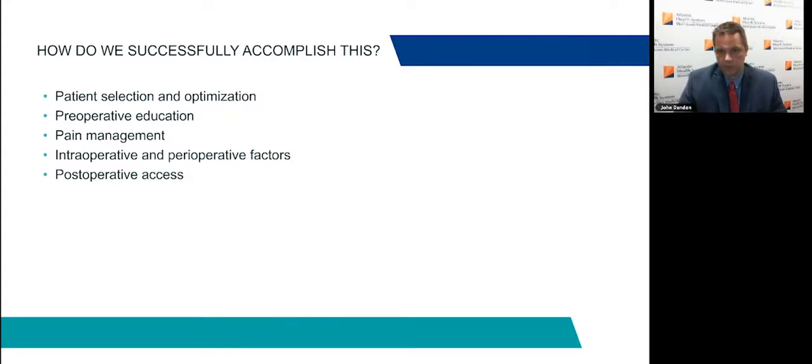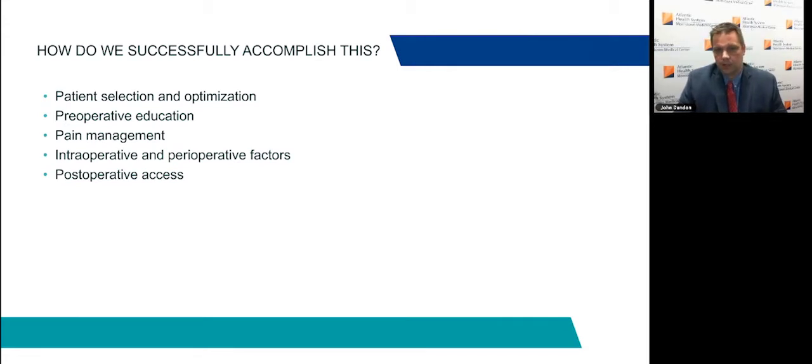You don't have the hospital physical therapists working with them multiple times. You don't have the social workers working with them when they're in the hospital. You really put a lot of the responsibility for all of that on the surgeon and the staff. And so that's why it's so important to have a well-trained staff in order to be able to do this.